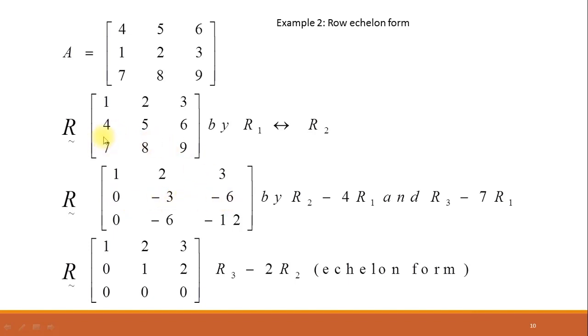And now to make this 7 0, multiplying the first row by 7 and subtracting from R3, we get 0 minus 6 minus 12. Now we want to make this number 0. For this purpose, multiplying R2 by 2 and then subtracting from R3, we get 1 2 3, 0 1 2 and 0 0 0. This is the row echelon form.